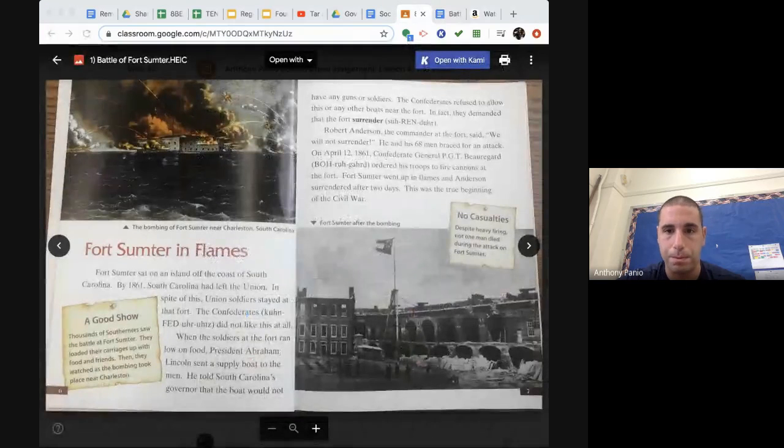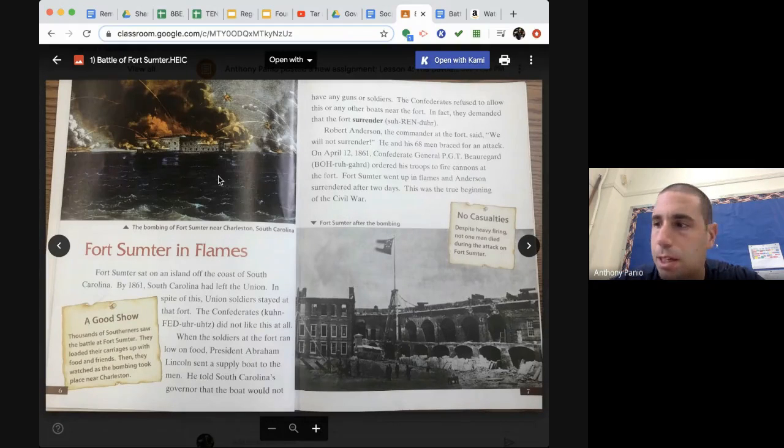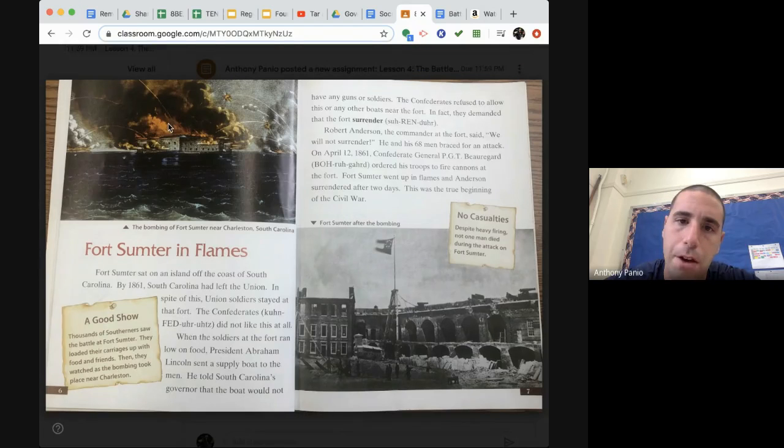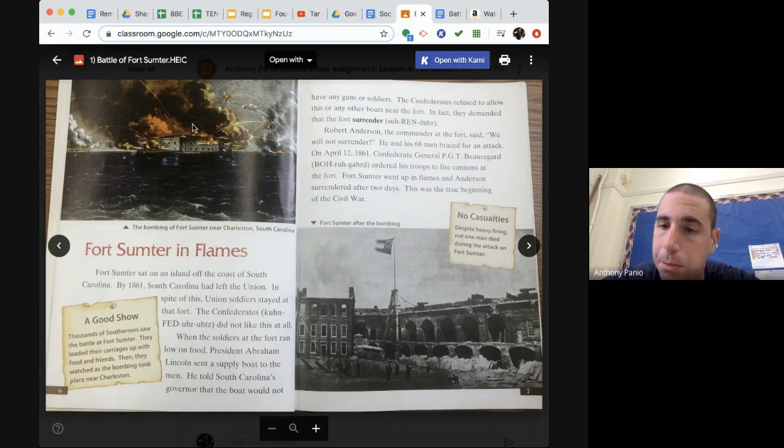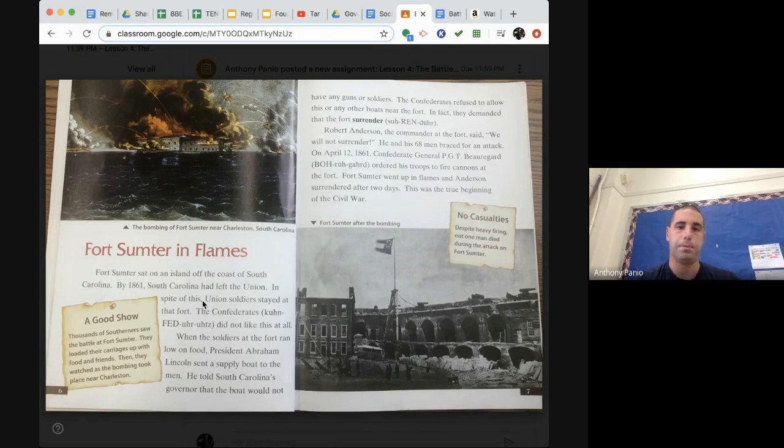So let's go through the Battle of Fort Sumter. First thing is that reading everything on the page is important. Looking at the pictures is important, too. We obviously have here, ladies and gentlemen, something on fire, something exploding, and a real photo of Fort Sumter, what it would have looked like. So let's take a look at it. Fort Sumter sat on an island off the coast of South Carolina.